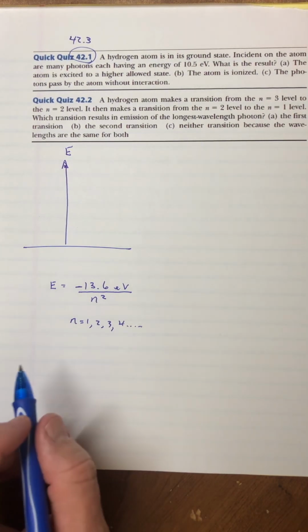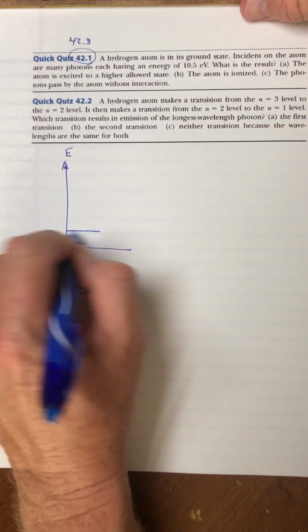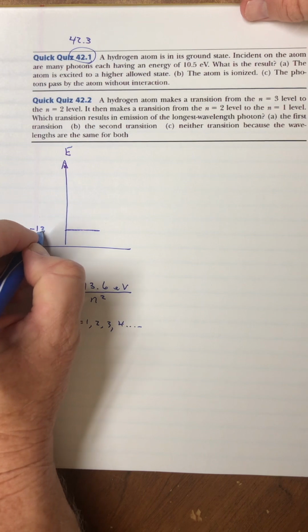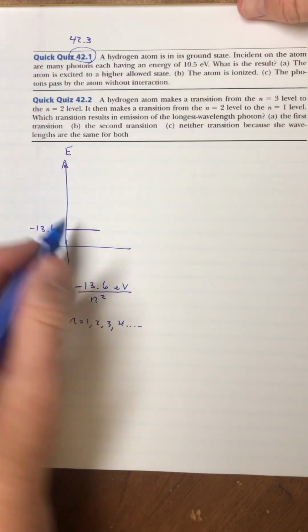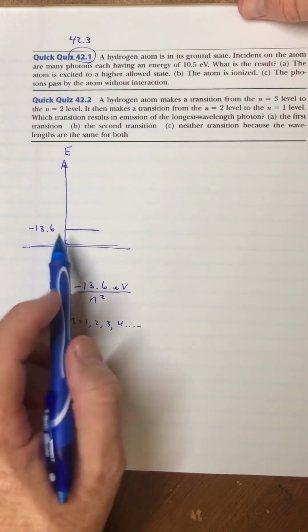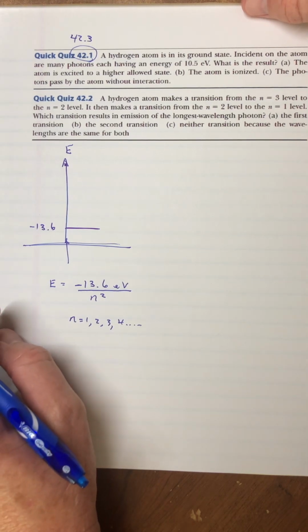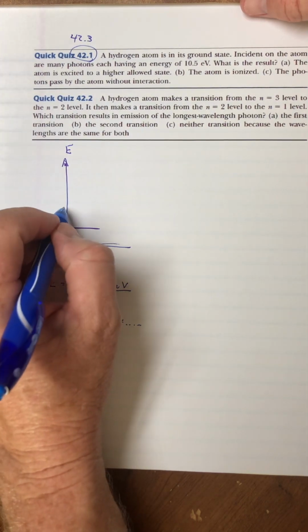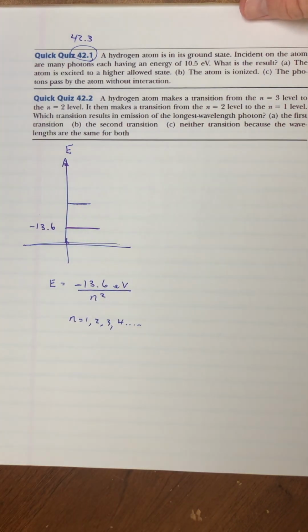So the lowest level would be somewhere about here, negative 13.6. My axis, this line I'm drawing, is actually more negative than 13.6. The next energy level is when we have a 2 in there.